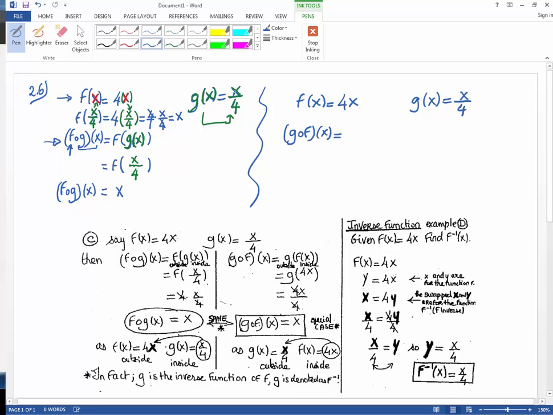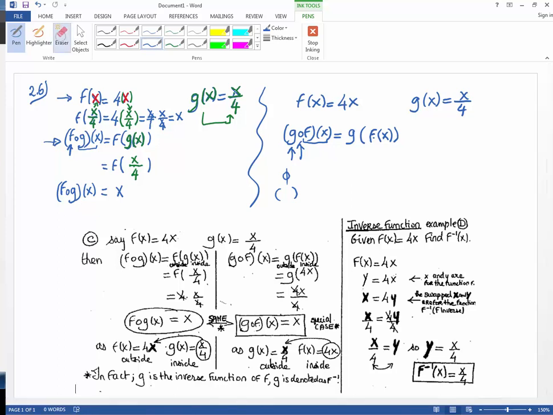Let's see what that is according to our definition. First thing we say will be g. Then the little circle again splits open, becomes two parentheses, welcoming in them what we have not mentioned yet, which is f of x. So g composed with f of x is g evaluated at f of x.